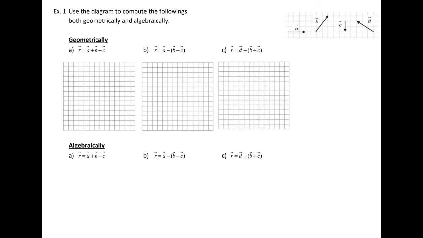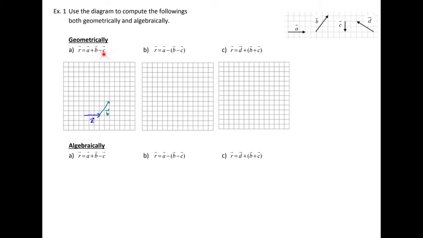Part A, we want to find the resultant that is the result of vector A plus vector B minus C. So first, let's copy down vector A, which is 3 squares to the right, and we're going to add vector B. When we add vector B, make sure we put the tail to the head of vector A. So that's our vector B, going 2 units to the right and 3 units up. And then we want to find negative C. In vector addition, there's no subtraction.